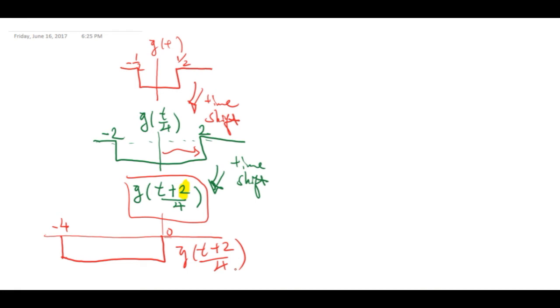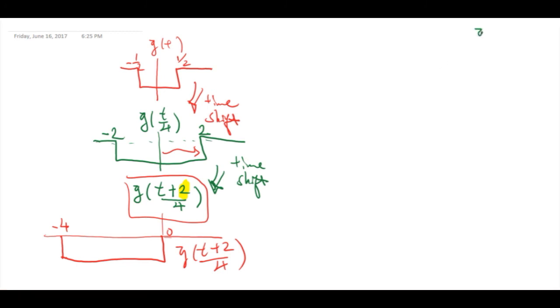Now we are going to do another function to see how it works out. The same g(t) from minus half to positive half. Maybe I just move it to the other direction because we need more space here.